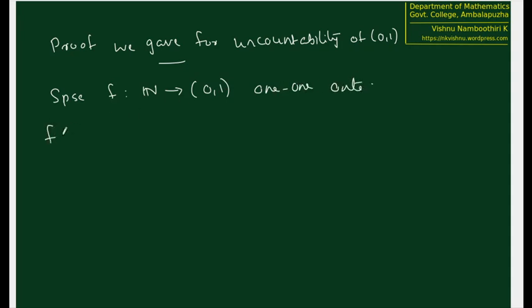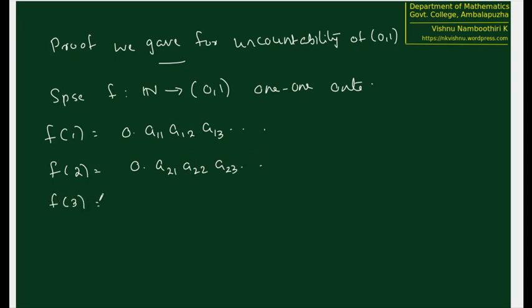So we listed f(1) as 0.a11, a12, a13, etc. f(2) we wrote to be 0.a21, a22, a23, etc. F(3) we wrote to be 0.a31, a32, a33, etc.